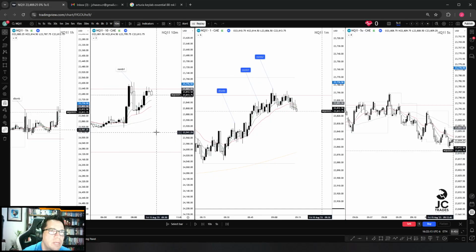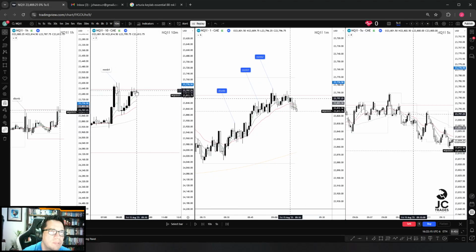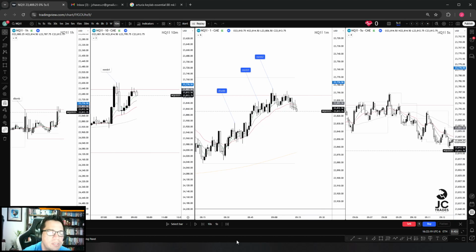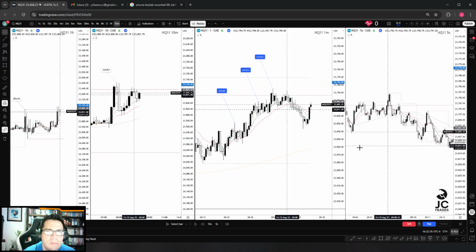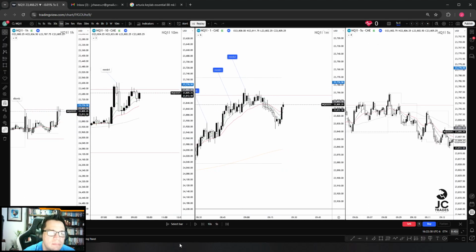So we have to wait to see if there's going to be here again some type of price flushing through the EMAs. So that's what's happening once again. So we are still not getting this distribution MB validated.